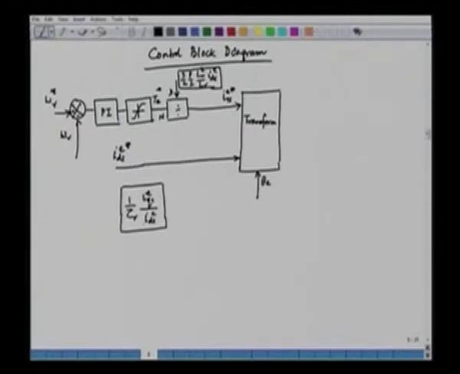The slip speed is 1 upon tau r into IQAC by IDAC, omega SL, and we have the feedback from the two currents. And then to the slip speed we are adding the rotor speed.